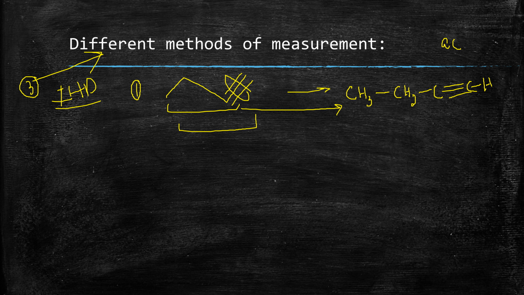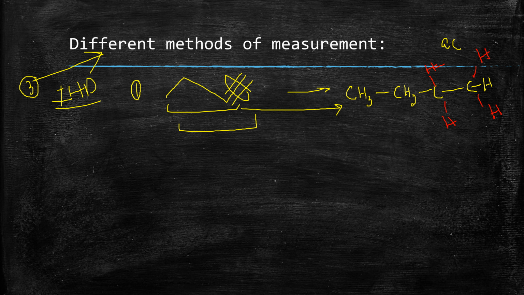Now let's remove unsaturations. If I remove this unsaturation, I will have to add one hydrogen here and one hydrogen here. What we will be left with at the end will be this single bond. This bond will be broken, and this bond will be broken.